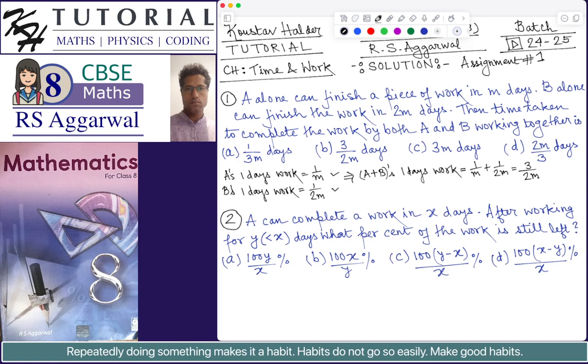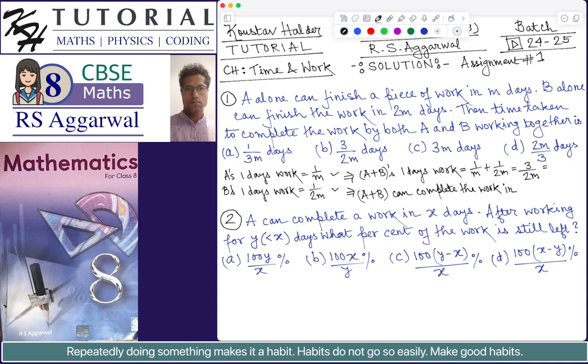So now we can say that in one day the amount of work done by A plus B, that is when both A and B are working together, is 3 by twice m.